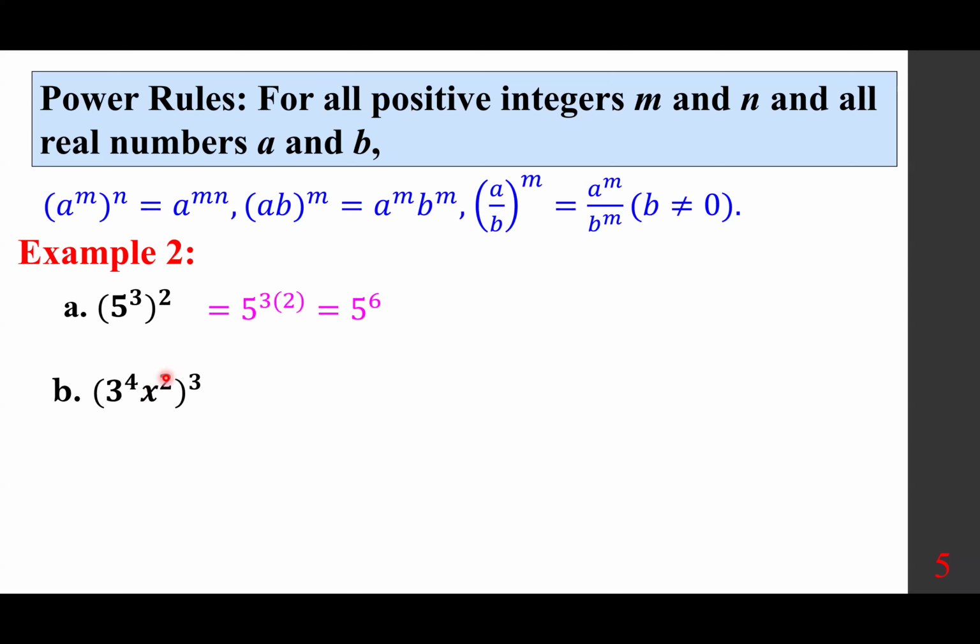3 to the power of 4, x squared, in parentheses, cubed. That means each one gets raised to the power of 3. So 3 to the power of 4 to the third power, and x squared to the third power.